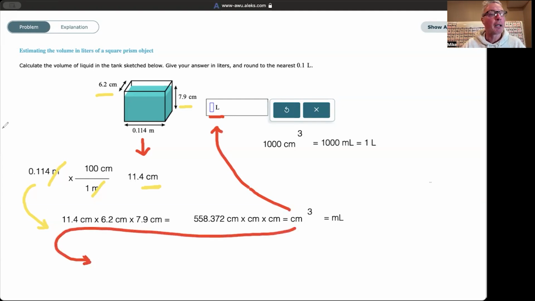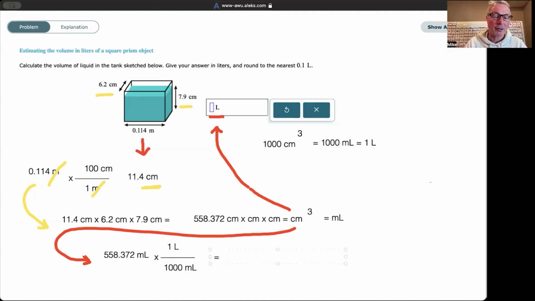So here we go. Let me just type that out again. So that was 558.372 milliliters, same thing as a centimeter cubed, and then divided by 1,000, because 1,000 milliliters is 1 liter. And then what do we get?